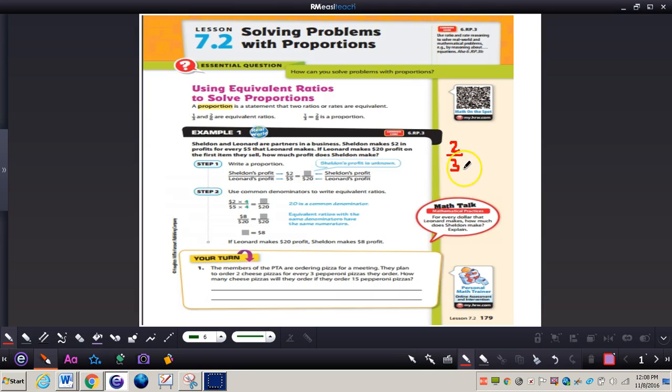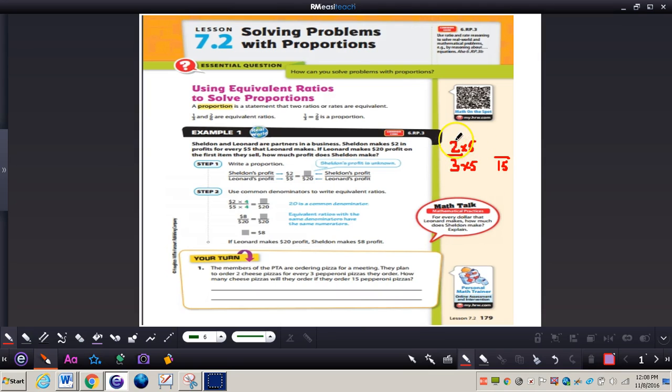So we need to figure out what do we need to do to that 3 in order to get it to a 15. We need to multiply by 5. And since we multiply one part of our ratio by 5, we must multiply the other part as well. So 3 times 5 gives us 15 now. So we can see 15 pepperoni pizzas like they said in the story problem.